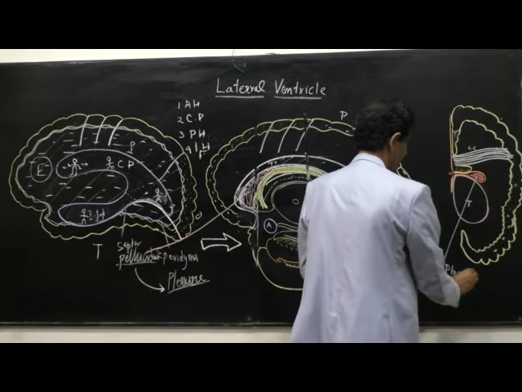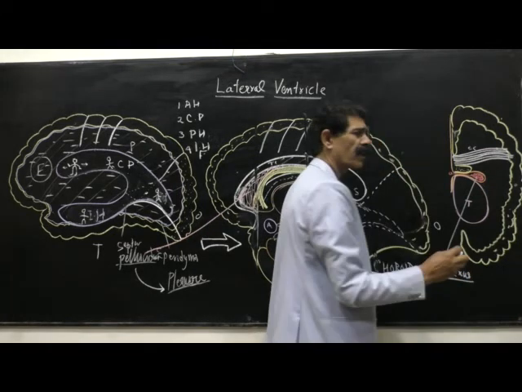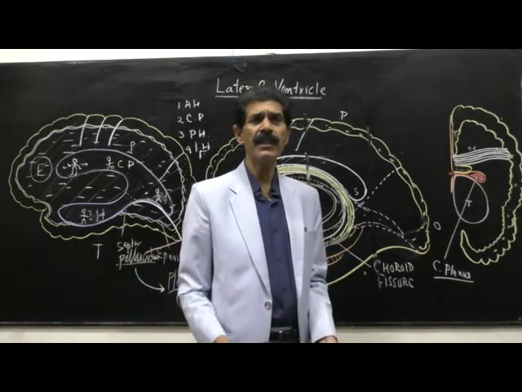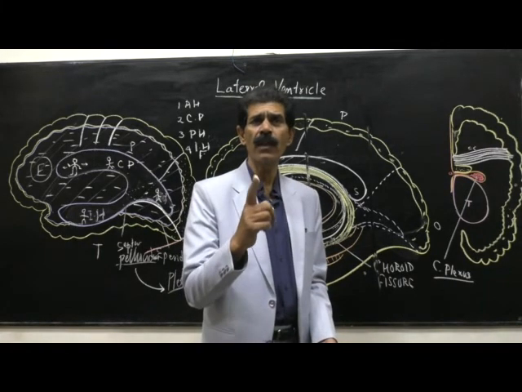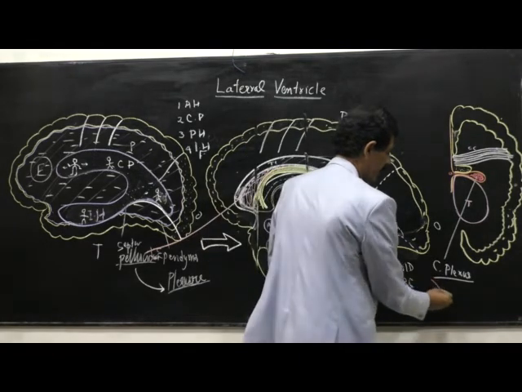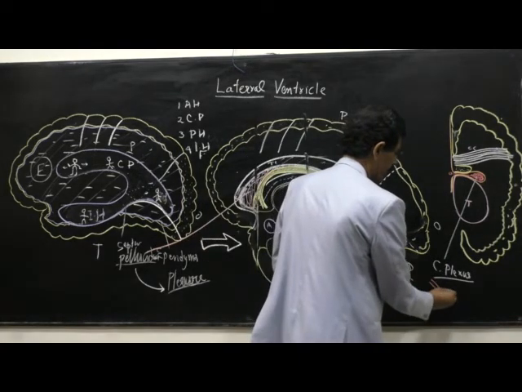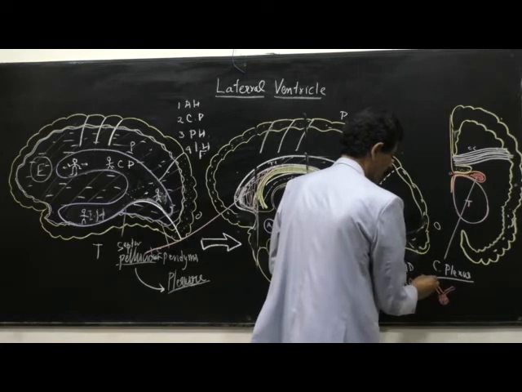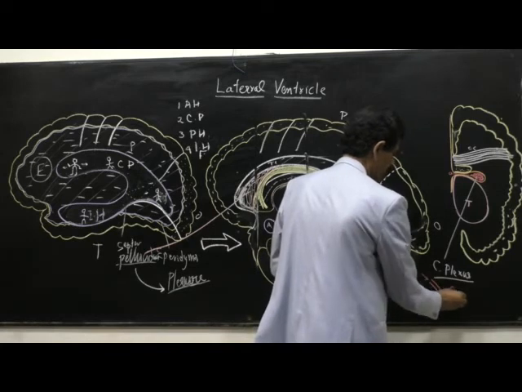Plexus means a network, a meshwork of capillaries. And this meshwork of capillaries is equivalent to the glomerulus of your kidney. As the glomerulus of the kidney consists of the afferent arteriole and the efferent arteriole, which form the bunch of capillaries, the glomerulus, the blood comes here, afferent and efferent, it goes like this.